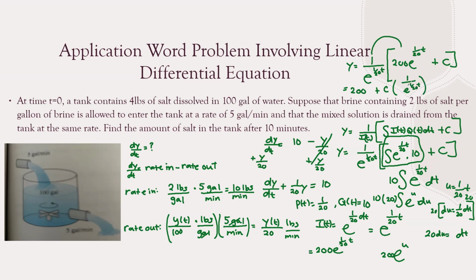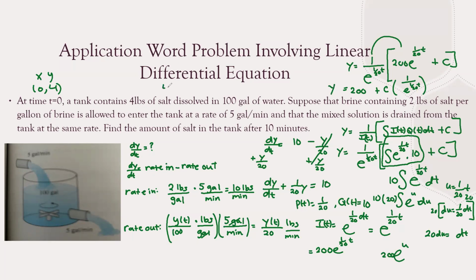And then what you could do is solve using the initial value. Our initial value was at time 0, a tank contains 4 pounds. So that's your initial value, (0, 4). So 0 is your x, 4 is your y.